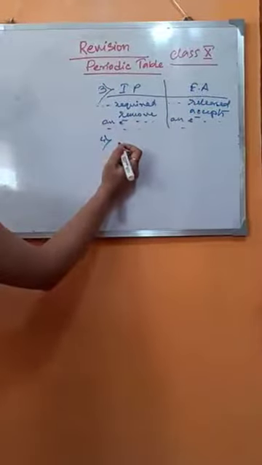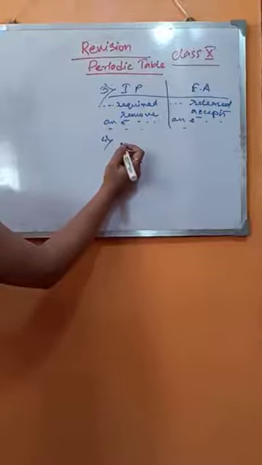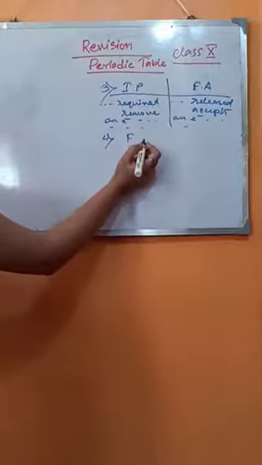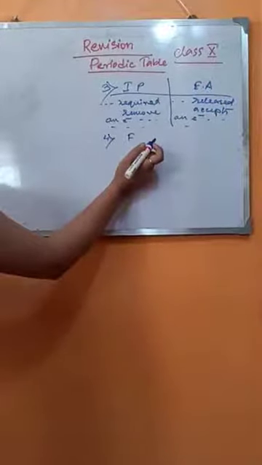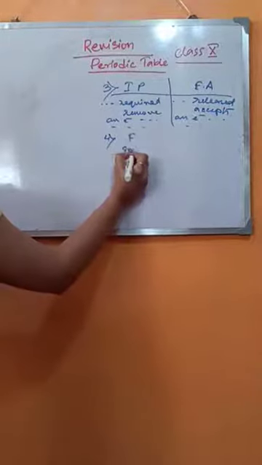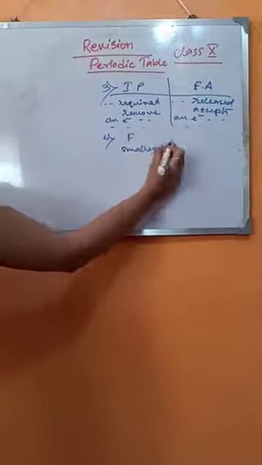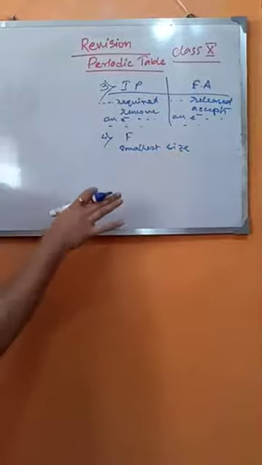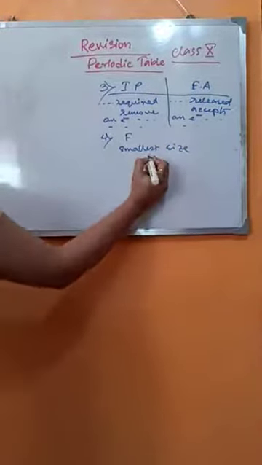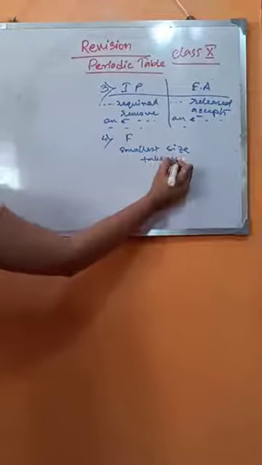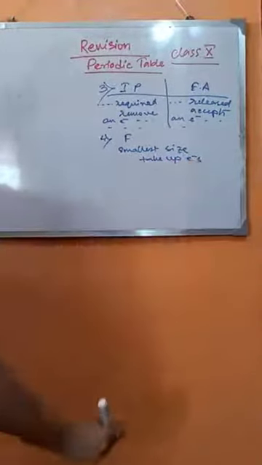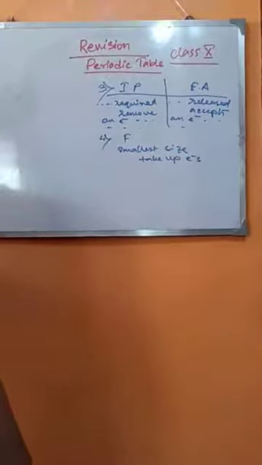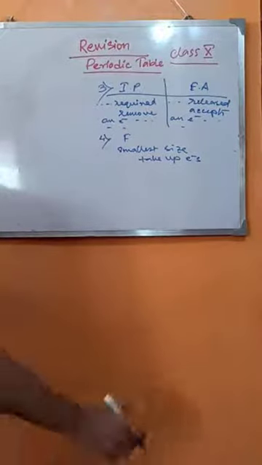Your next question is, name the most electronegative element in the periodic table. The most electronegative element in the periodic table is fluorine. And why? Because fluorine has the smallest size, and because it has the smallest size, it can easily take up electrons, because the nucleus has greater attraction on the electrons.